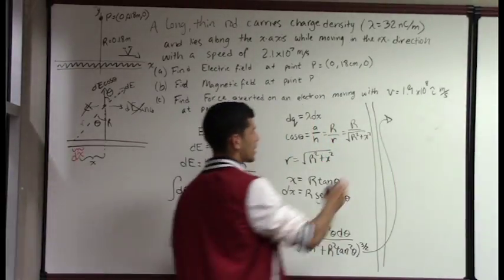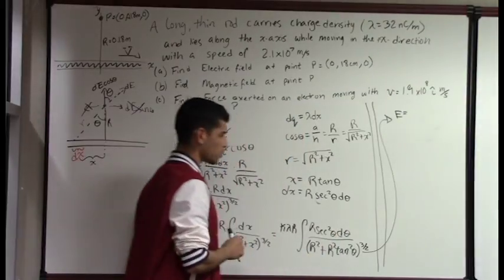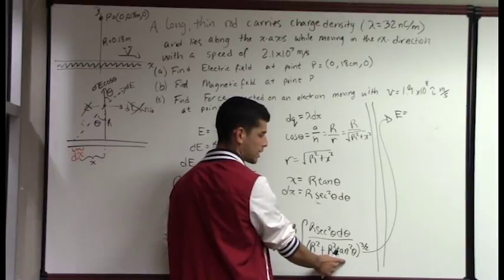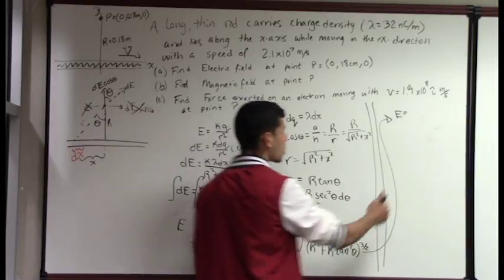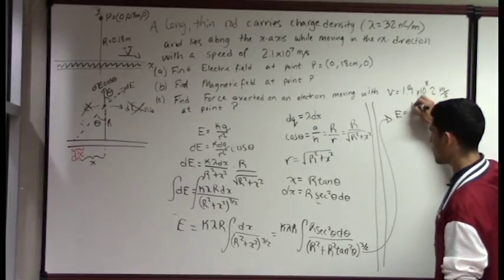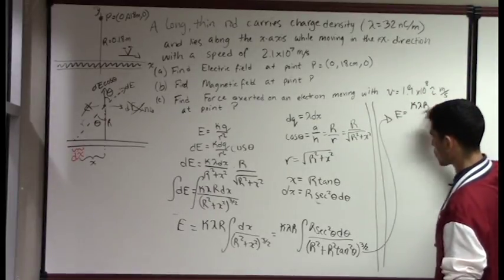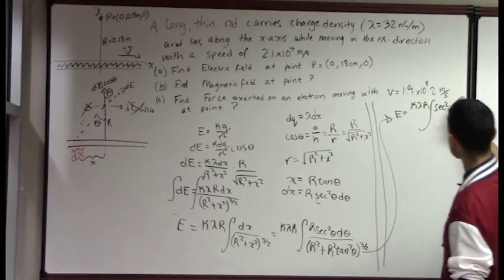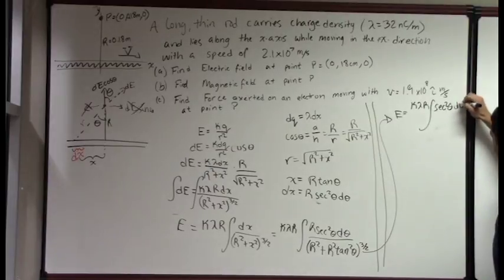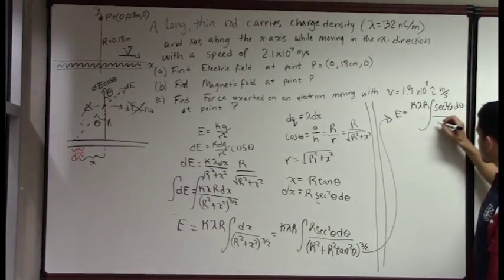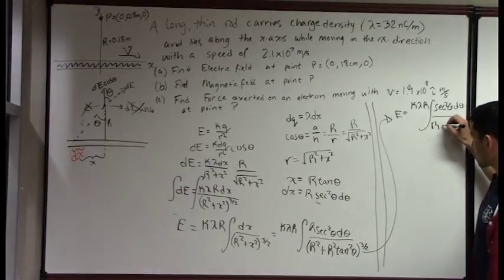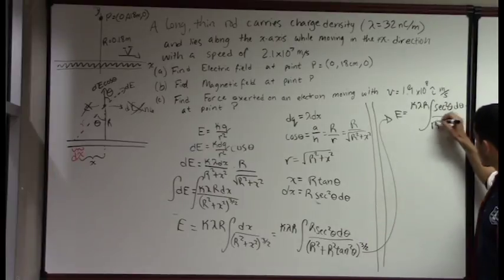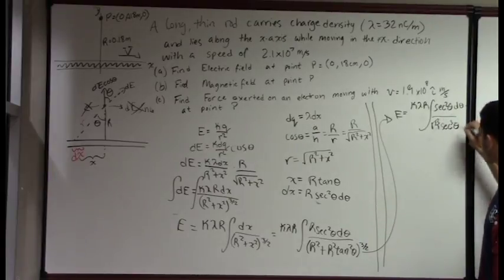Simplifying by pulling out the r squared and then setting 1 plus tangent squared theta equal to secant squared theta, we'll have E equal to k lambda r squared from pulling that out, times the integral of secant squared theta d theta all over r cubed secant cubed theta.